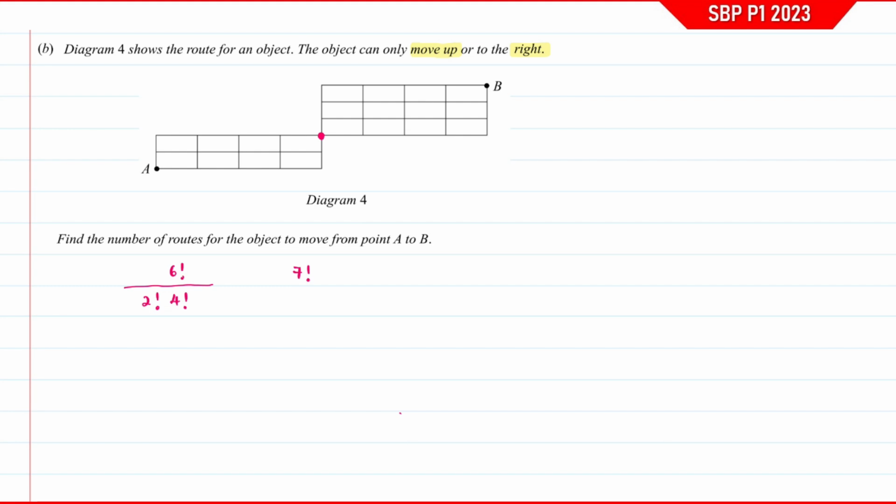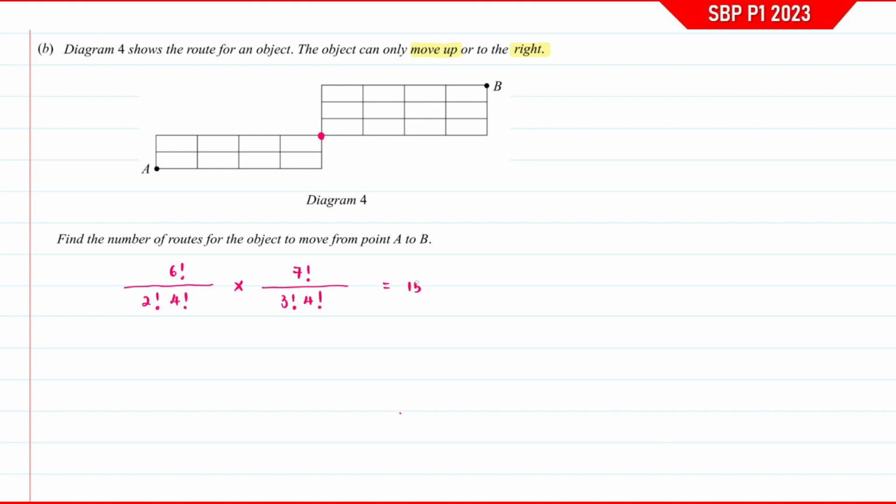But for the movement going up, these 3 places will be considered identical, so we need to divide this by 3 factorial. And the movement to the right will be identical, so we divide by 4 factorial. So the number of routes from the first part and the second part, here we're going to multiply them.